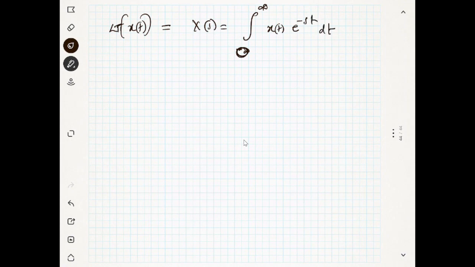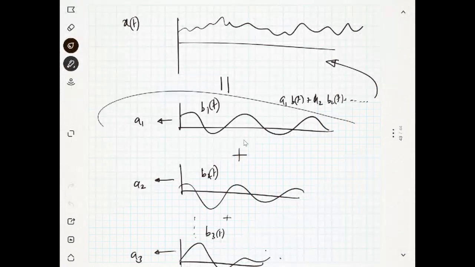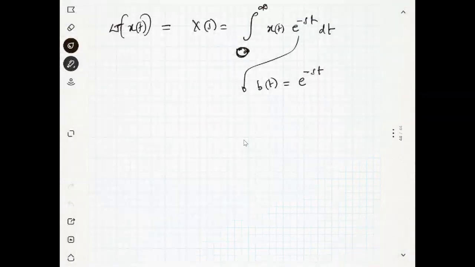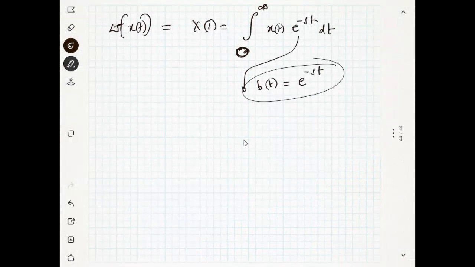So you can see, instead of b1 of t, b2 of t, b3 of t, we have b of t. In general, it is nothing but your e power minus st. That means your small functions are generally represented by using e power minus st.